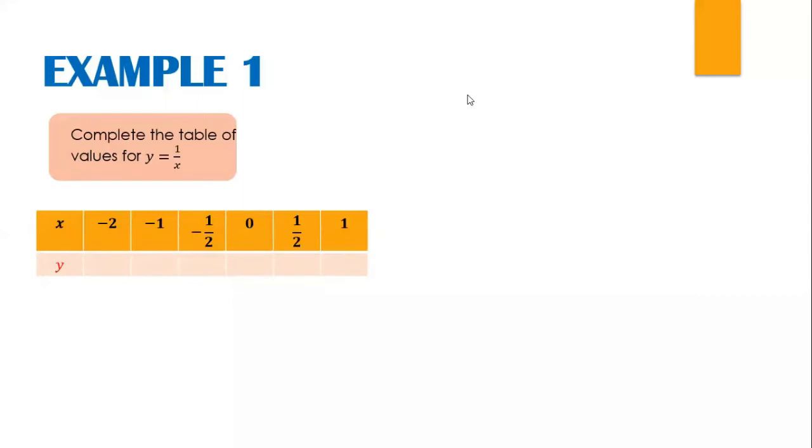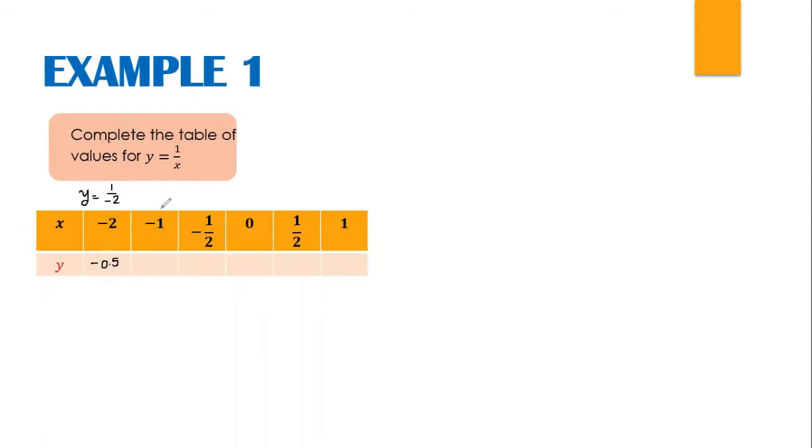Okay, students. When x equal minus 2, we can insert into this equation, right? So y equal 1 over minus 2. Is it clear to everyone? So we got minus 0.5.